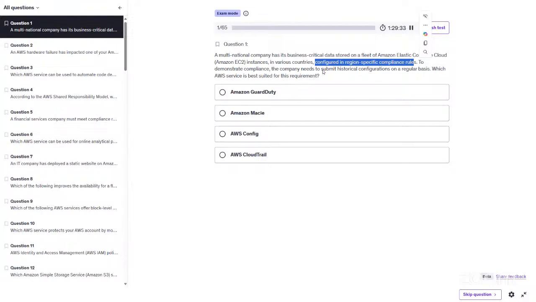To demonstrate compliance, the company needs to submit historical configurations on a regular basis. So they want to get a record of every configuration that has been made. By saying historical configuration, we are definitely talking about configuration changes, right? So changes is what they're asking for. Which service handles change configuration or change management? The answer is Config. Hopefully you went with that.